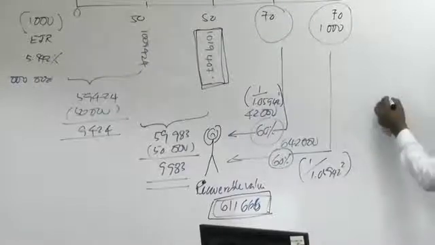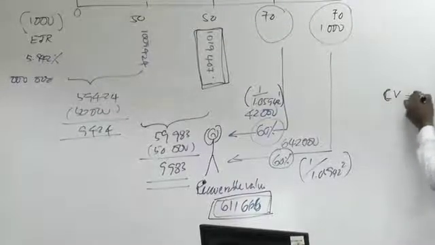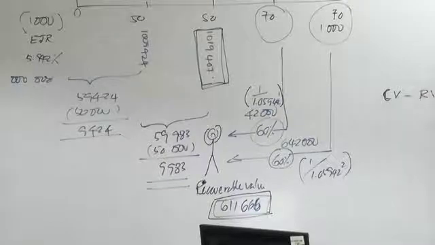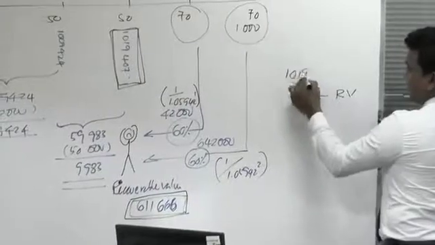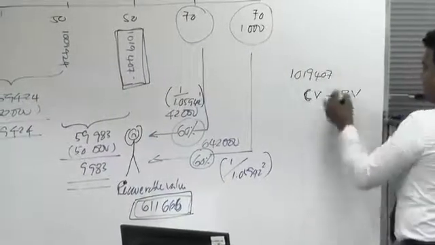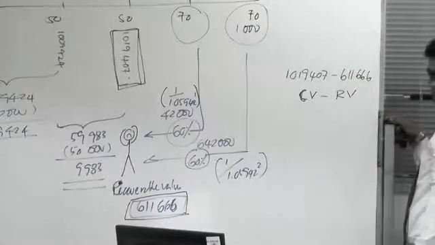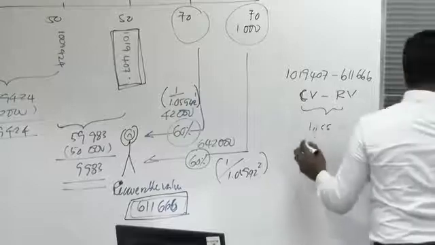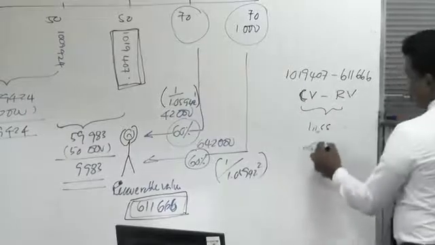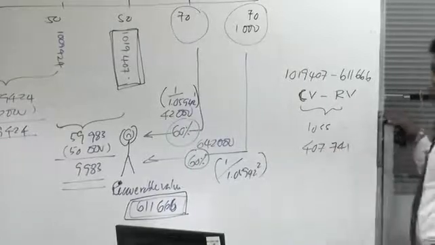Impairment equals carrying value minus recoverable value. Carrying value was 1,019,407, recoverable value 611,666. Therefore, you have an impairment loss equal to 407,741.